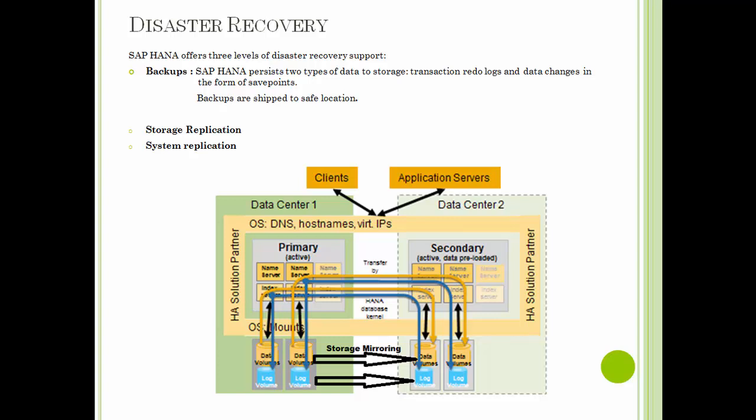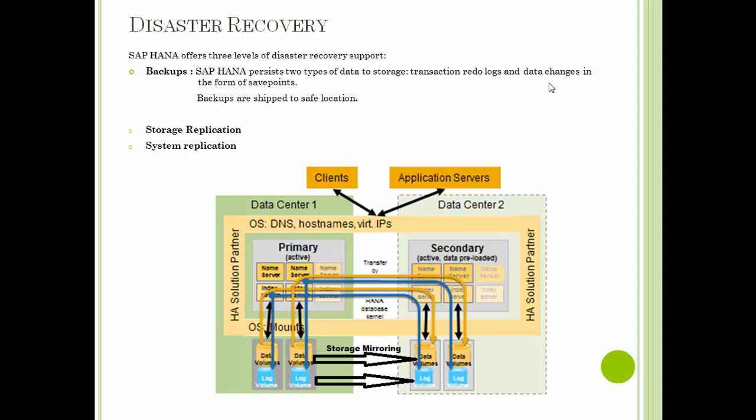And disaster recovery is achievable by three techniques, or I would say three levels again. Firstly, it is using backups. We know that SAP HANA persists two types of data to storage. One is the transaction redo logs and other is the data changes in the form of save points at regular intervals.